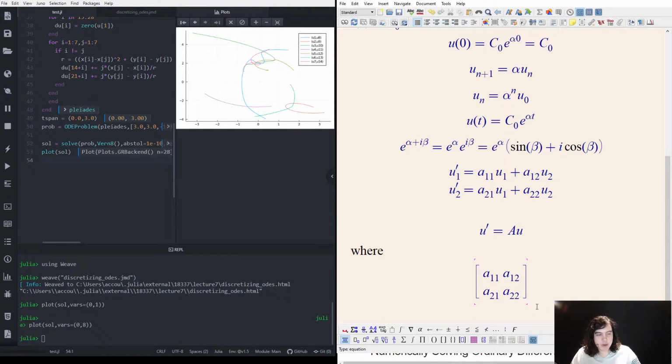How do you see this? Well, if you do this matrix vector multiplication against the vector u1, u2, you'll get this equation out.